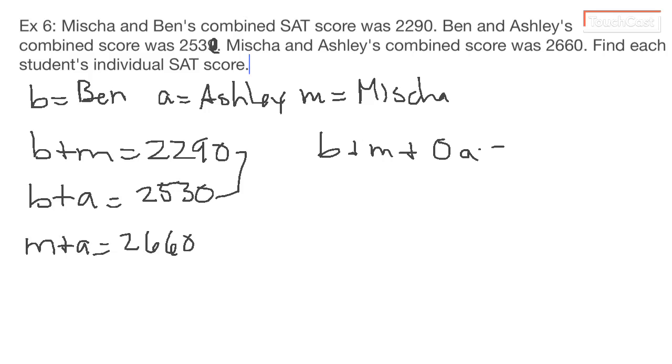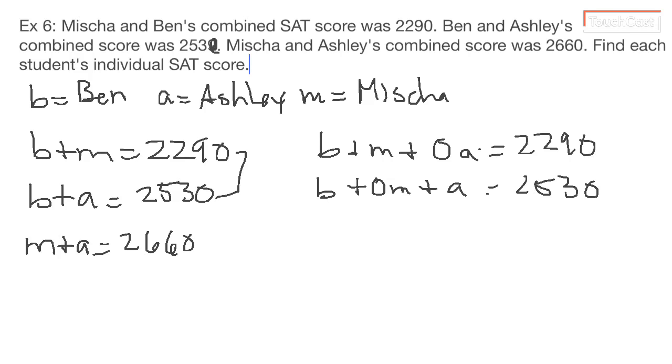That's fine. Equals 2290. And then in the second one, we've got B plus, we can add 0M plus A equals 2530. Now I don't have to multiply anything, I'm just going to subtract my second row from my first one.